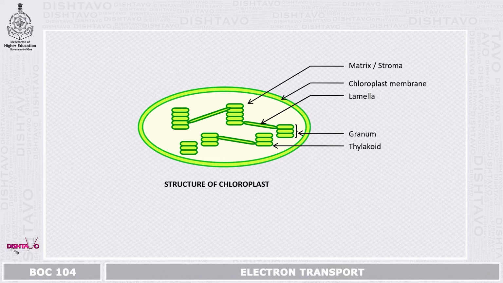This is the structure of a chloroplast that shows the chloroplast membrane, outer as well as inner membrane, the matrix, and thylakoids stacked one above the other to form grana. Grana are interconnected to each other by lamella.